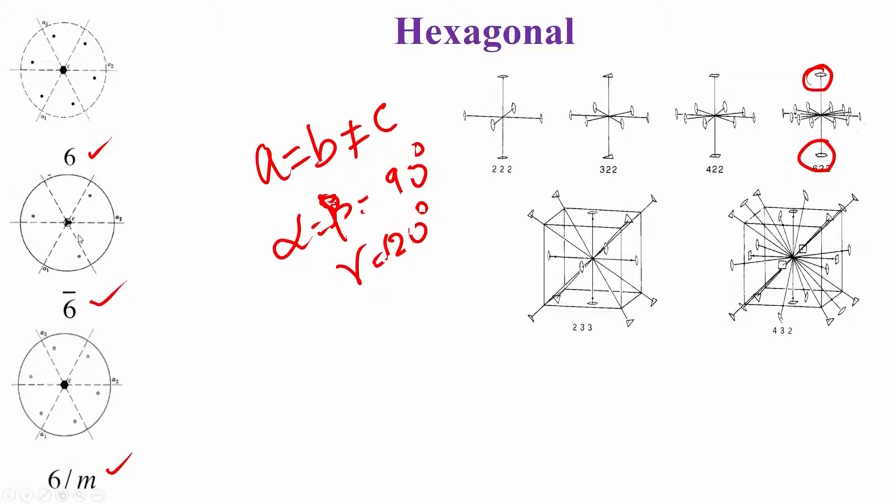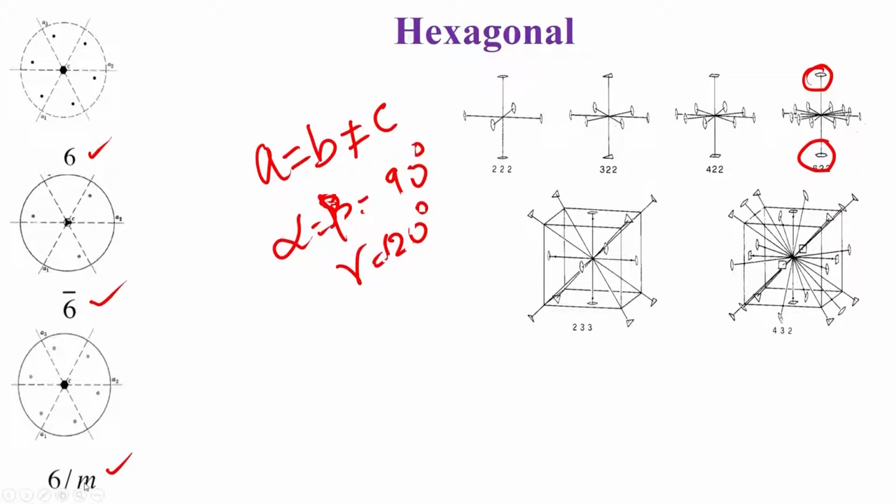Here also there are 6 possibilities, but in the 6 bar symmetry, because of the higher symmetry nature associated with a 60 degree rotation, whereas in the case of the 3-fold rotation it is a 120 degree rotation, you will generate 6 points there, whereas here you generate 3 points up and 3 points down. Effectively, again here the 6 points are generated, but they are one on top and one on the bottom.